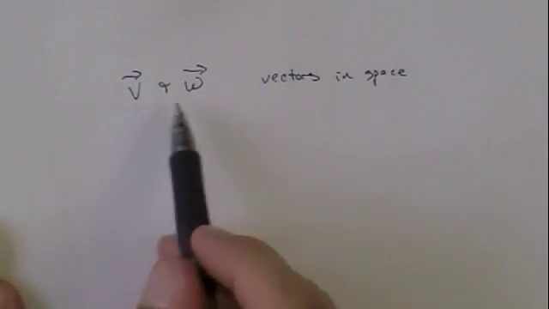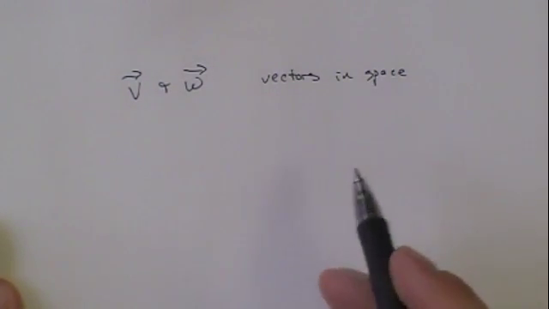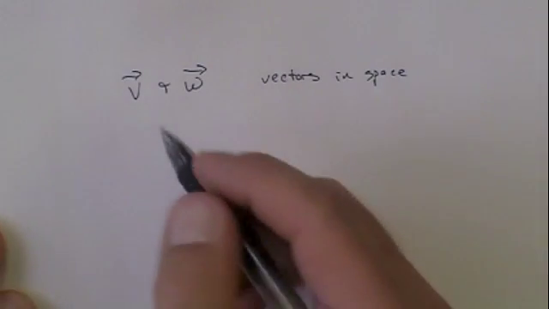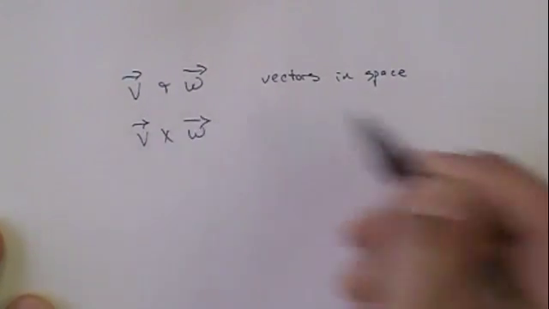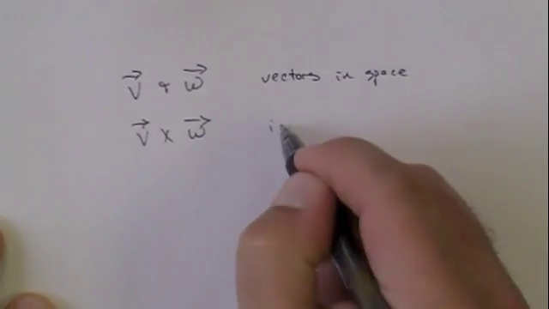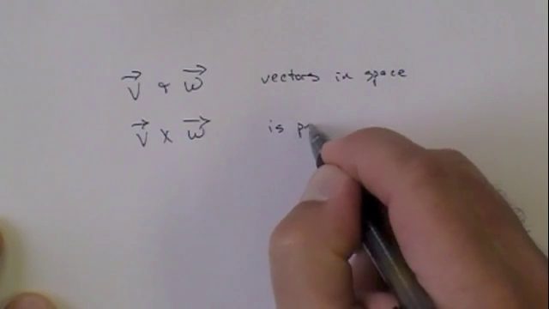Also, as I mentioned before, vectors v and w, to be able to do the cross product, must be vectors in space. We're talking about something that's three-dimensional. And the cross product of v and w is also a vector. It is perpendicular to both of those vectors, both v and w.